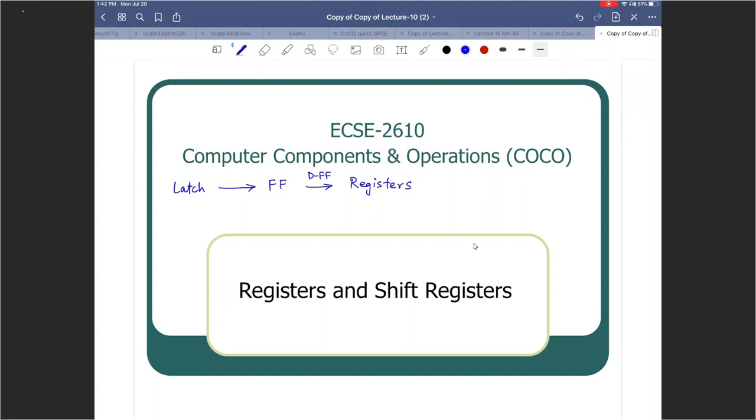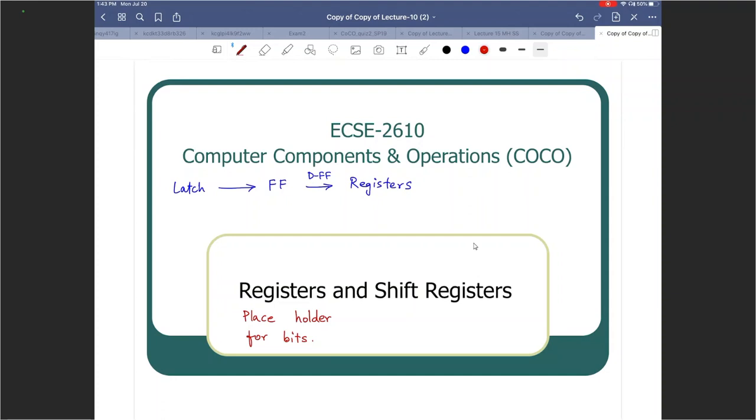So you can think of registers as placeholders for bits. I need a place where I can hold certain bits. So if I have a 4-bit register, that means that I'm trying to hold 4 bits in that 4-bit register. So think of the register as a placeholder, a holder.